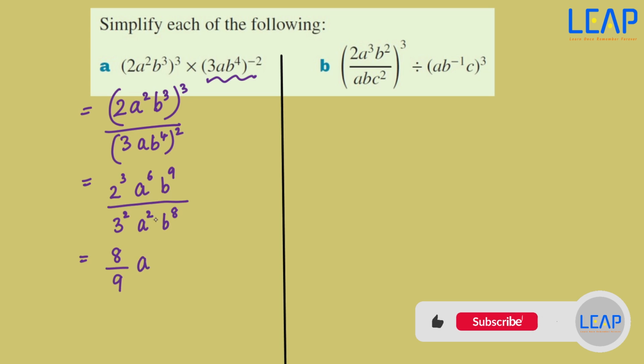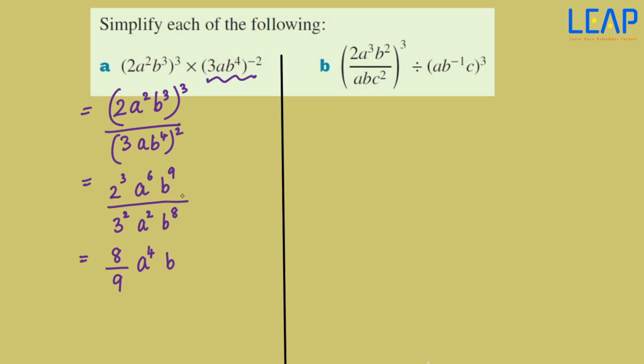You subtract the exponent, 6 minus 2, that is 4. The same thing happens with b. You do 9 minus 8, you get 1. You can either choose to write it as b raised to 1, or you can just write it as 8 over 9, a to the power of 4, and then just b. So this is the answer for question A.